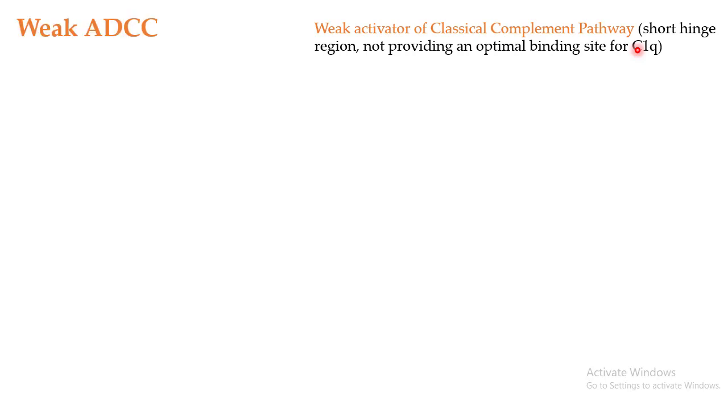Another important property is that they are a very weak activator of the antibody dependent cellular cytotoxicity. And the reason is, again, they have a very short hinge region, and this short hinge region is going to make them less flexible, and this less flexibility is going to make them a very weak activator of the antibody dependent cellular cytotoxicity.